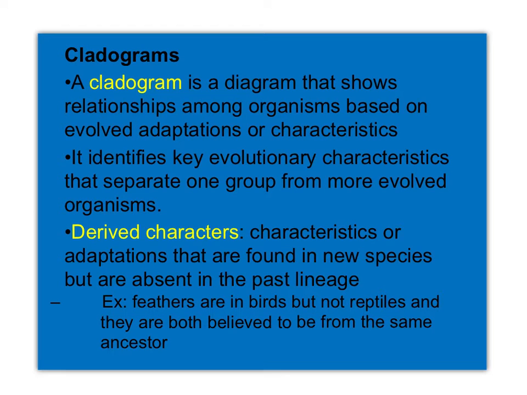For example, birds all have feathers, so it'll show that characteristic, the feathers, that make birds different from other organisms on the cladogram. Those characteristics, or those adaptations, are called derived characters. Okay, so a derived character is going to be found in the new species. So where you see the derived character on the cladogram, it will show up in everything evolving after that, but not before that. So it's going to be absent in previous lineage.